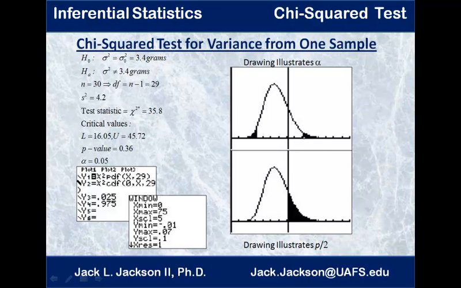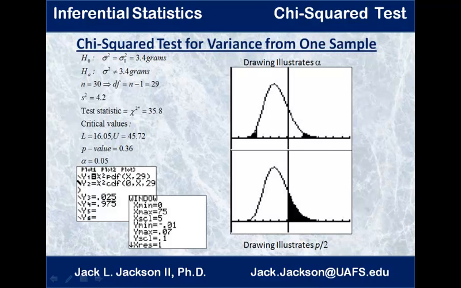For this first one, I did it twice without erasing my shading, so the shading on the left should be an area of alpha over 2, and then alpha over 2 on the right. So the total area in the first picture on top is alpha. The unshaded region is our confidence level, 1 minus alpha, so 90% is unshaded and 10% split into two 5% areas is shaded there.